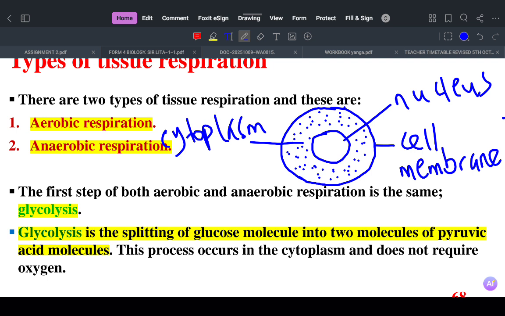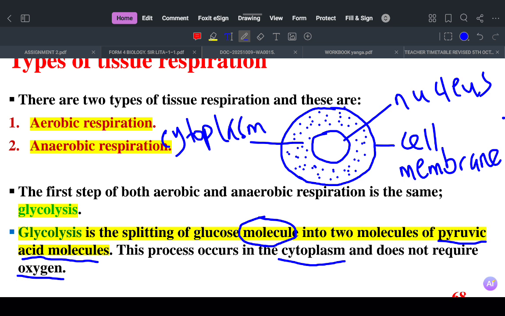So take note. They may ask you to name the site where glycolysis takes place. It occurs in the part of the cell known as the cytoplasm. And also take note that the process does not require oxygen. To split a molecule of glucose into pyruvic acid molecules, this process does not require oxygen.